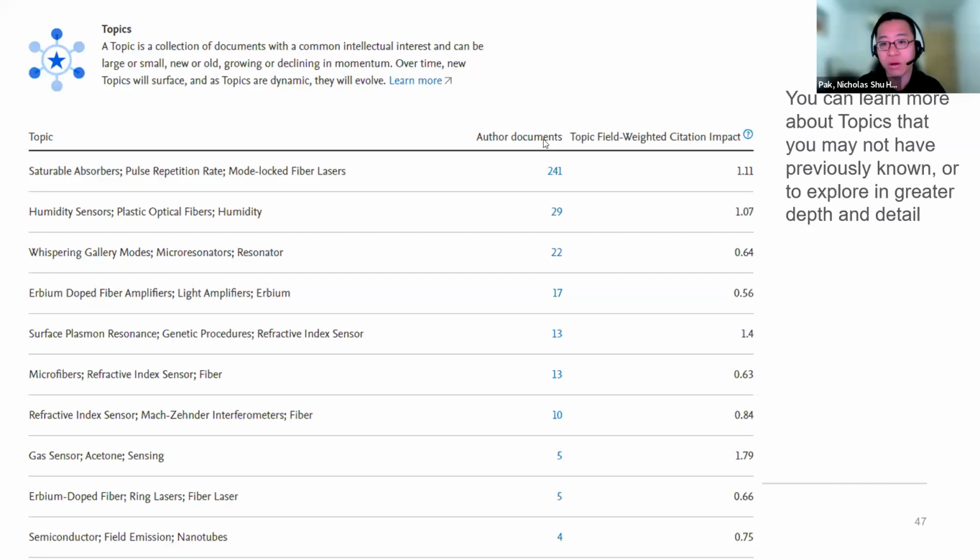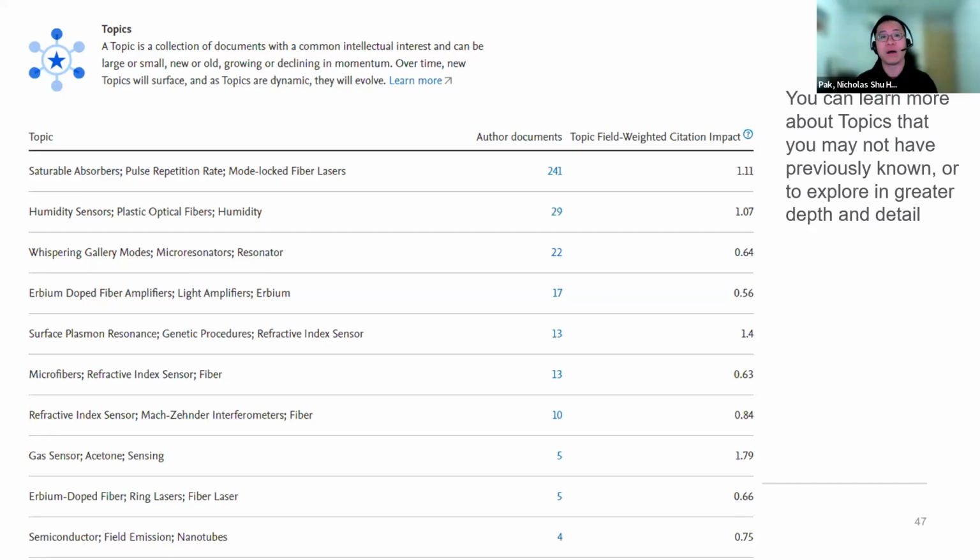We are able to see the author documents here, as well as the topic field-weighted citation impact. And for those of you who were not around for the previous session, but we also have a recording, a field-weighted citation impact is a normalized metric citation where 1 is the global average.